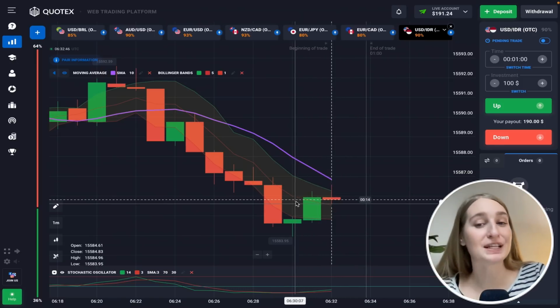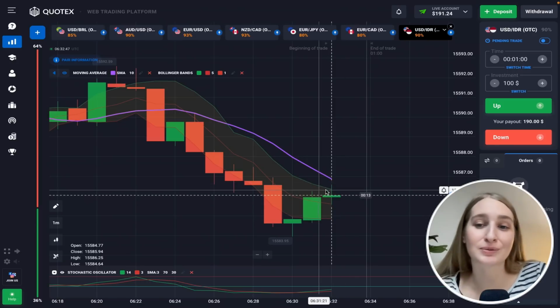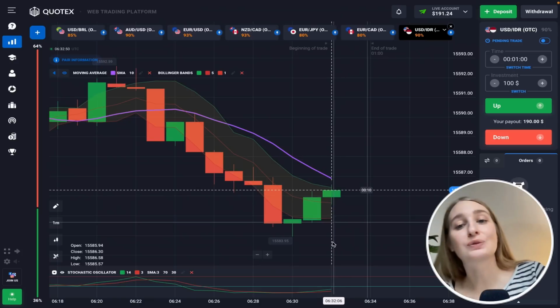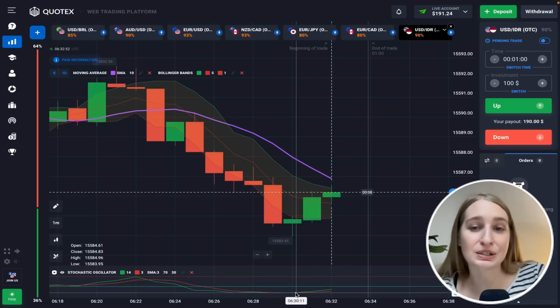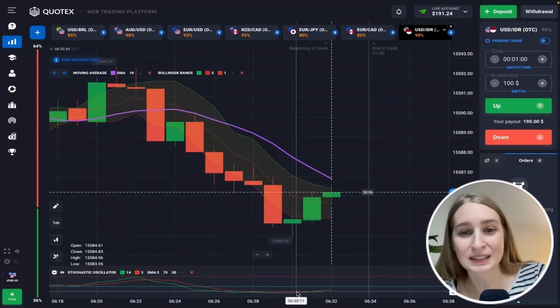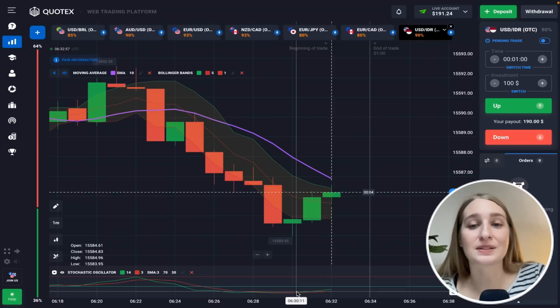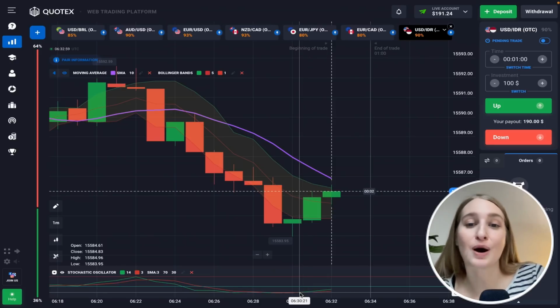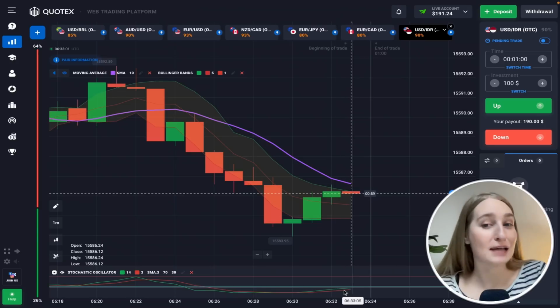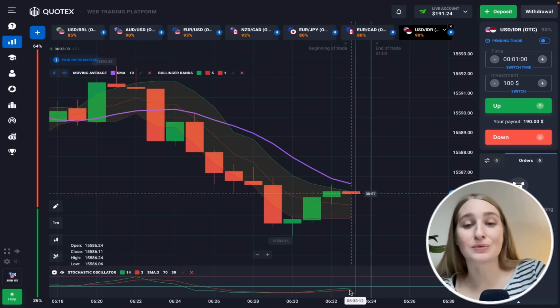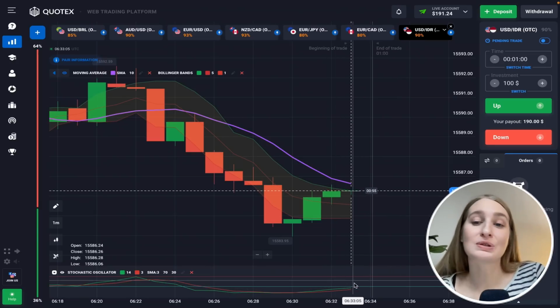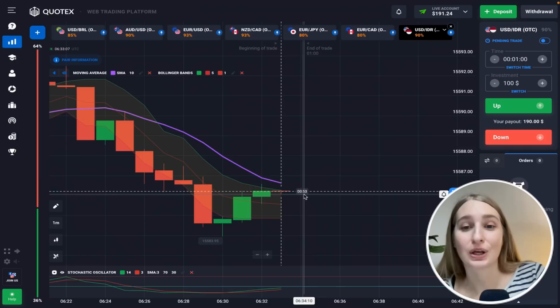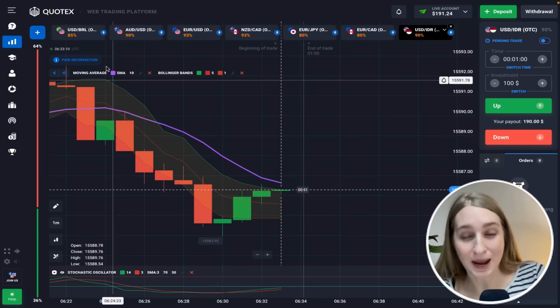So the situation changed, but overall the corridor was going straightforward. And also you see after this intersection, if you look closely at the stochastic oscillator, the green line was above the red one. So when the situation is going back to the corridor, it was a good time to make a call option. So let's go to another currency pair.